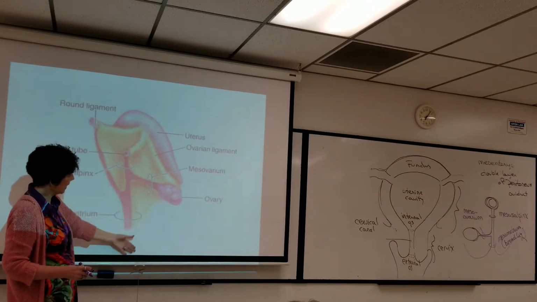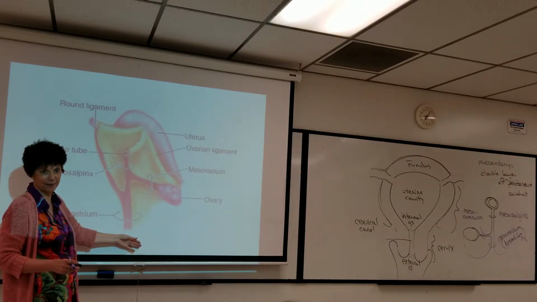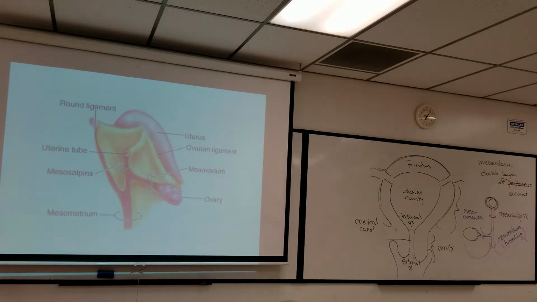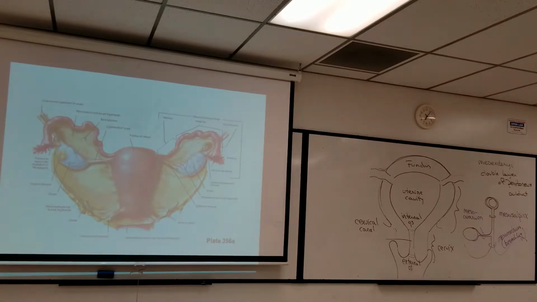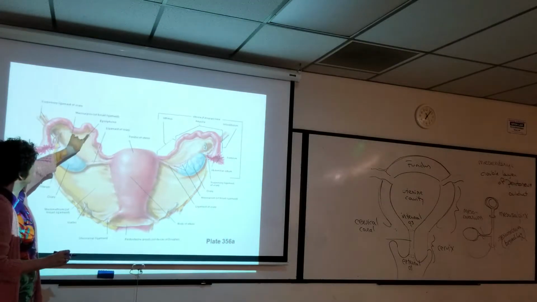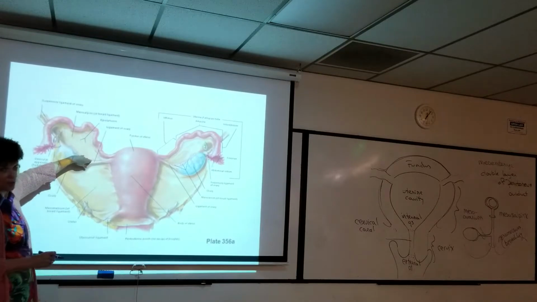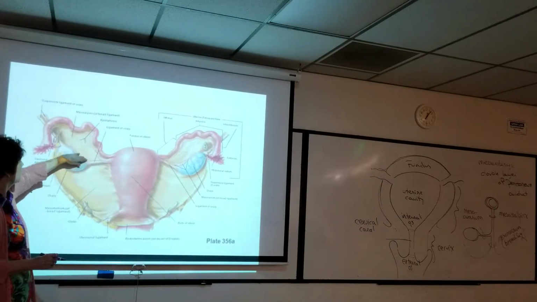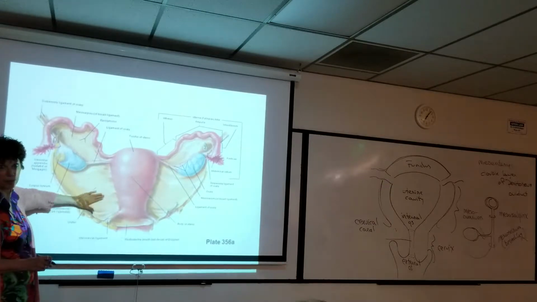And then this part hanging down is the mesometrium or broad ligament. Okay? Now let's go back to that upright picture. So mesosalpinx, at right angles to that, which is hard to tell from this image, mesoovarium, mesometrium, or broad ligament.